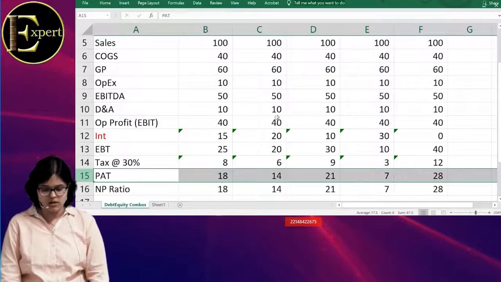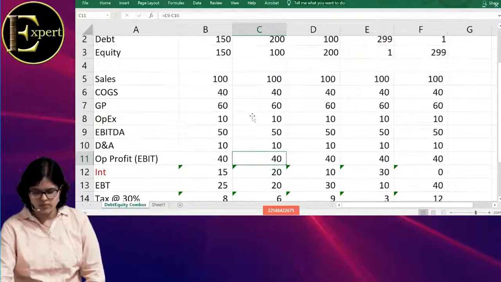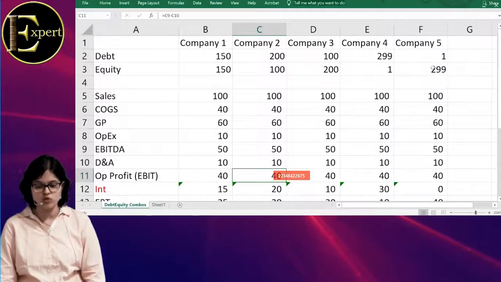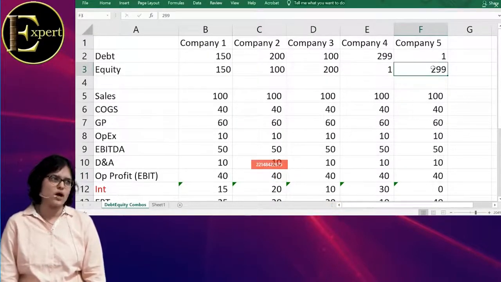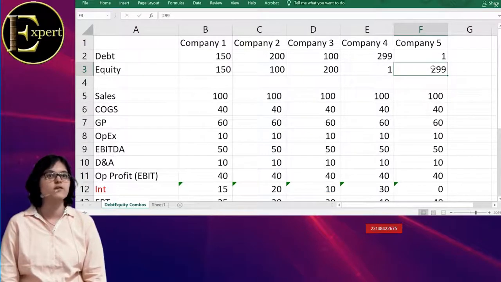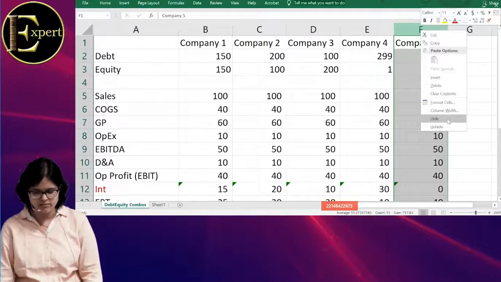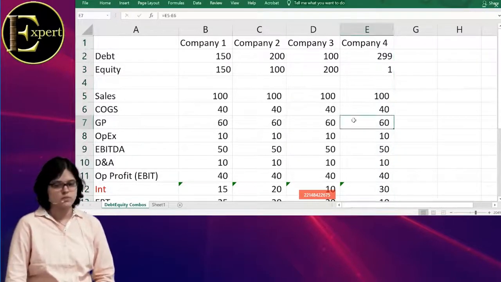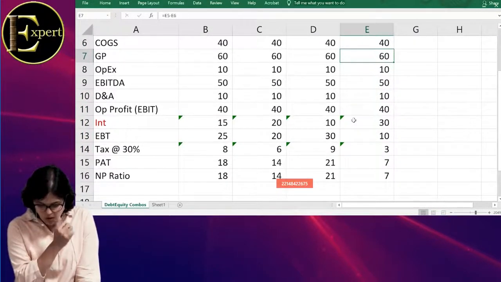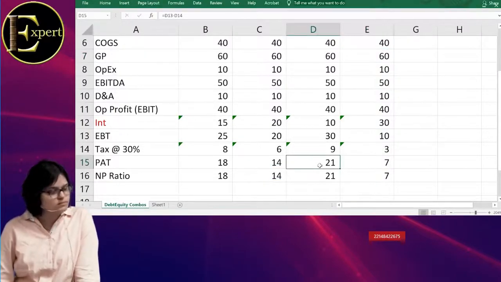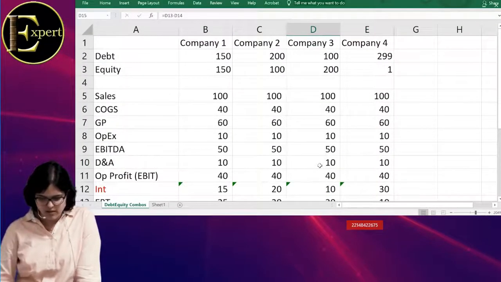Okay, wait. What could be a problem? Can I say this is a little bit unfair, because if you are having so much of equity, you are going to spend something giving dividends. So let me just hide this 5th company for a minute and we'll focus on these 4. Out of these 4, who is making good amount of profits? 3rd company. What is this company?